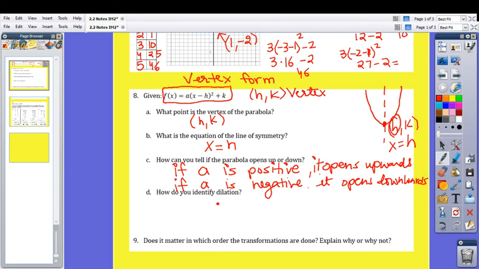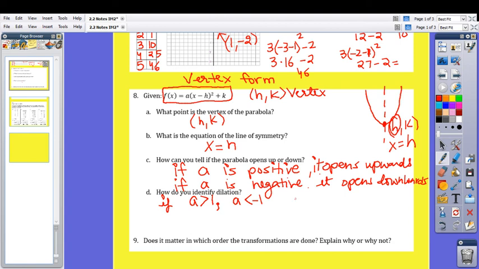Okay. How do you identify dilations? Dilations means the shrinking and stretching. So, we said if a is more than 1, or if a is less than -1, that means its value is not in 0 point something.